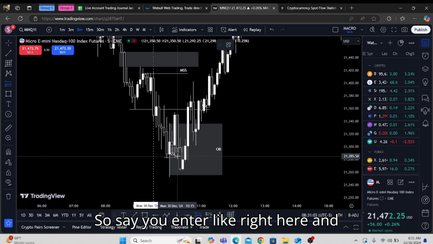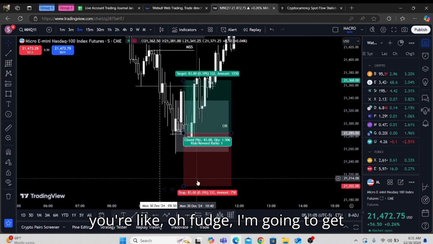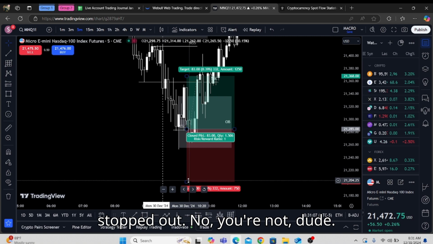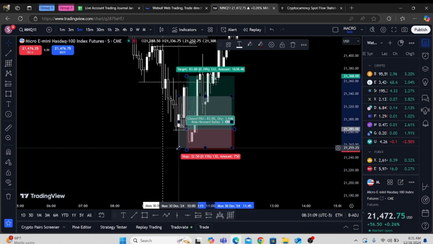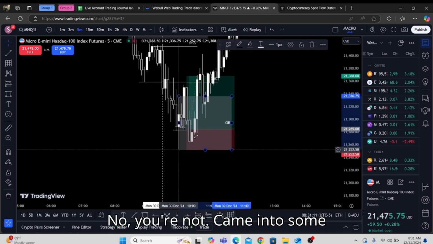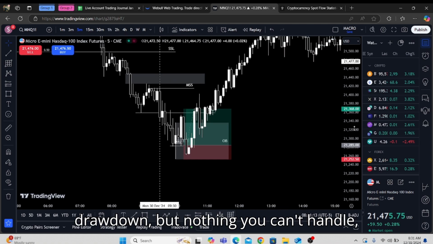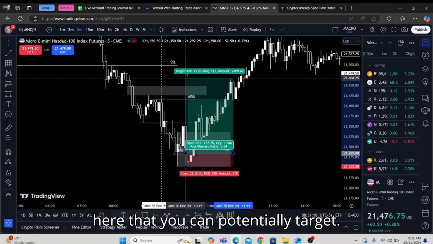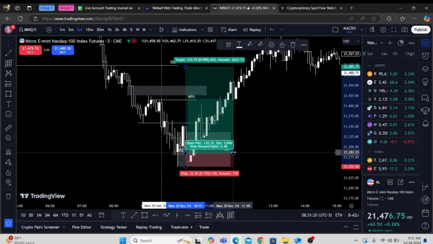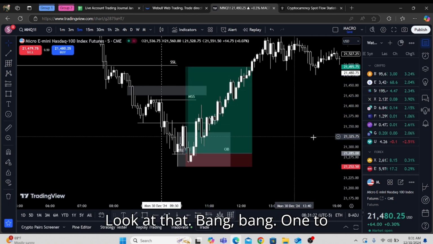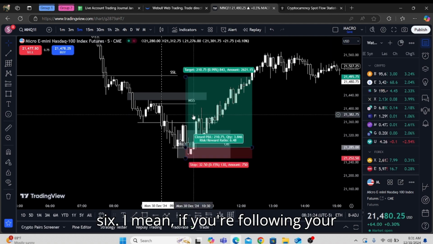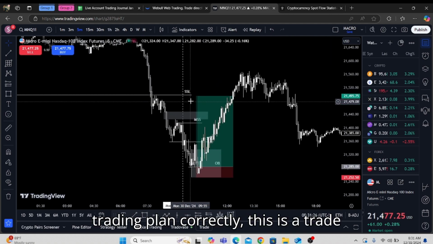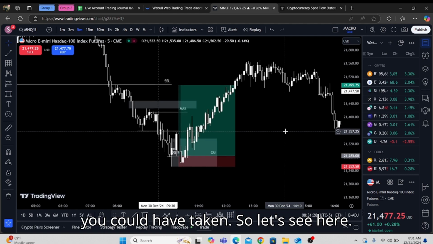So say you enter right here, and you're like, oh, I'm gonna get stopped out. Oh, no you're not, dude. You came into some drawdown, but nothing you can't handle, right? And look, you even got a little gap here that you can potentially target. Bang, bang. 1-to-6. If you're following your trading plan correctly, this is a trade you could have taken.